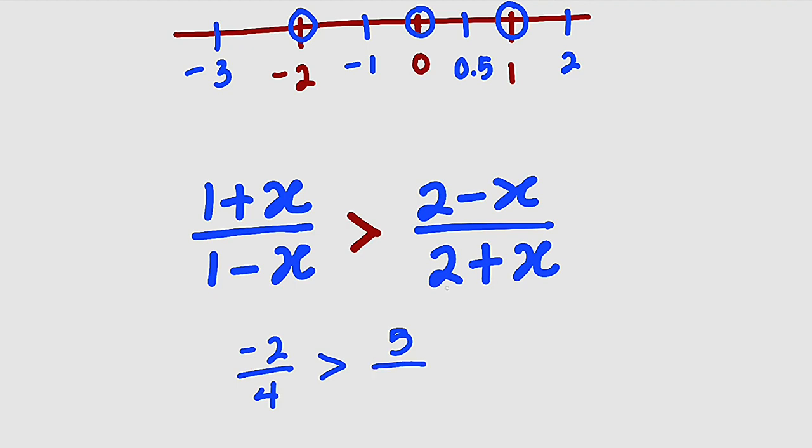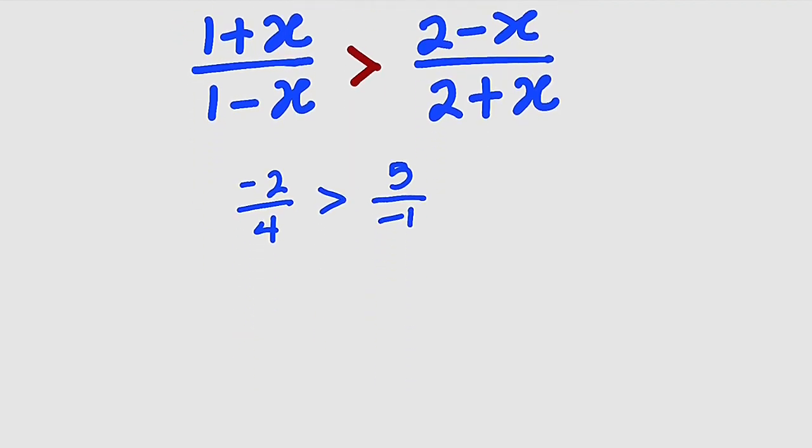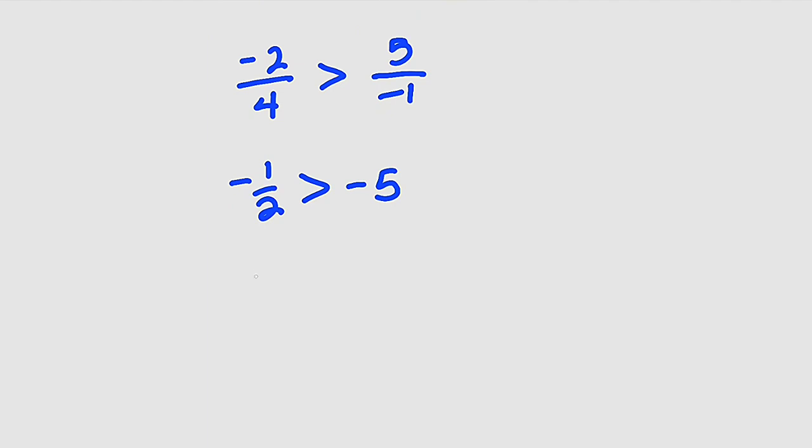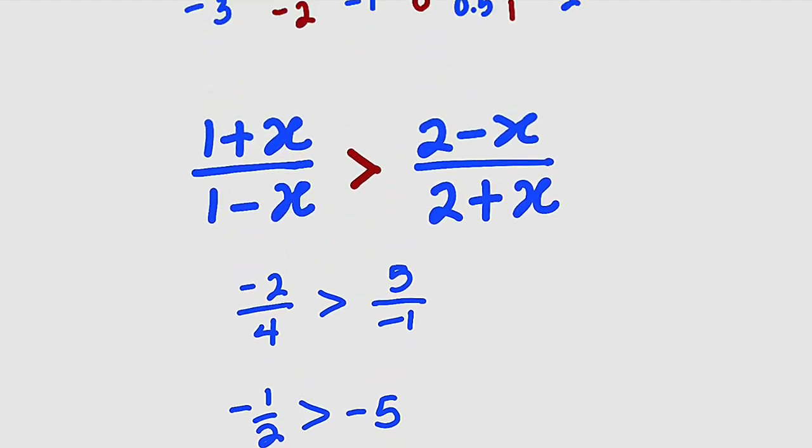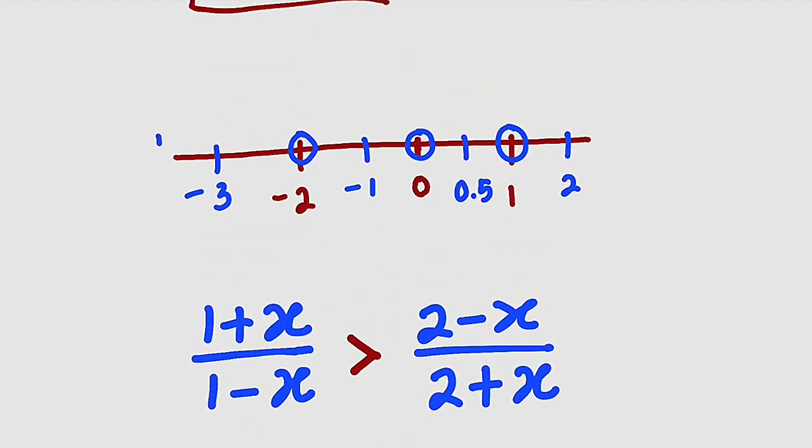Divide by 2 plus negative 3, which is minus 1. If you simplify, you have negative 1 divided by 2 greater than negative 5. We have negative 0.5. Is it greater than negative 5? Definitely negative 0.5 is greater than negative 5. Therefore, we're going to have a solution right here from negative infinity down to negative 2.